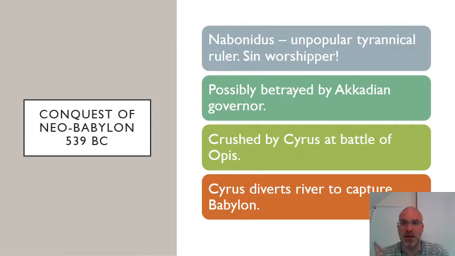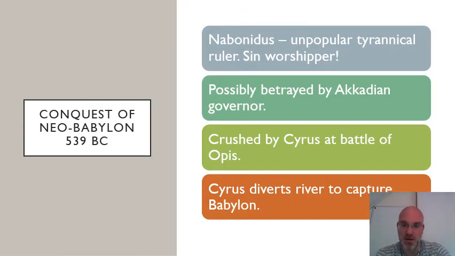The river was running along the walls of Babylon, and they couldn't cross it. So Cyrus does huge engineering works and diverts the river so that it drops down to about ankle height, and then the men can walk across. So again, this is a classic example of Persian geoengineering. Other sources don't really mention this.